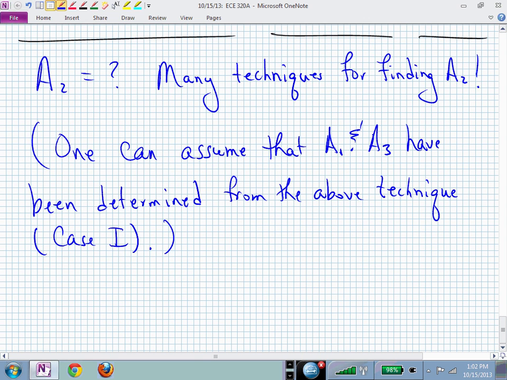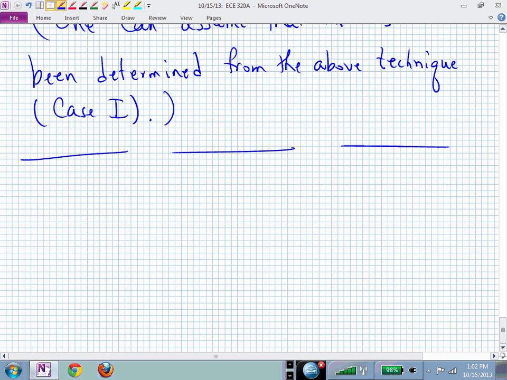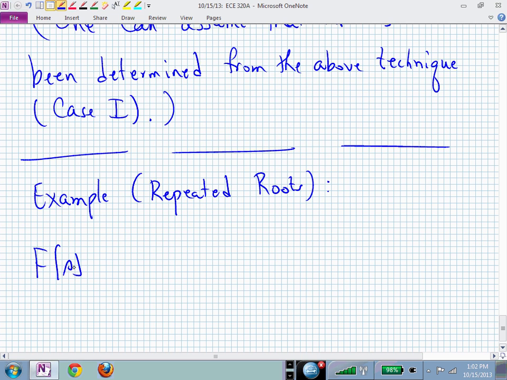Before we find A sub 2 or go through the cases, let's just remind ourselves with a more specific example what we have and what we will be looking for when we have repeated roots. Suppose I give you an F of S that's now 2S plus 1 over S plus 1 squared times S plus, let's say, 2.